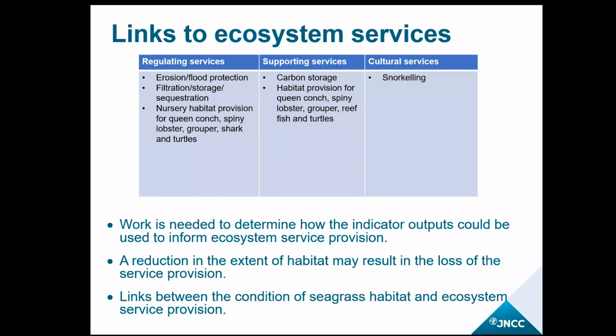For example, a reduction in extent of habitat may result in the loss of service provision, but more work on defining those links is needed, and also on looking at the links between the condition of seagrass and what that means for ecosystem service provision.